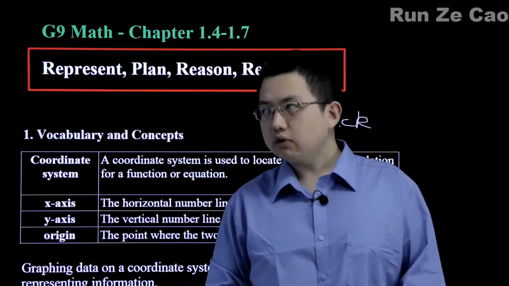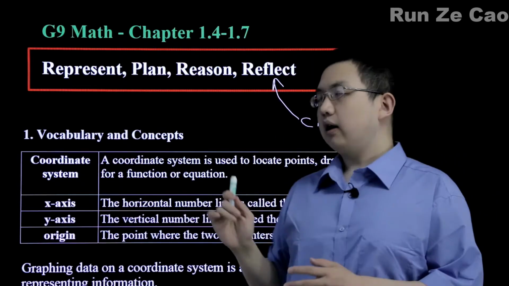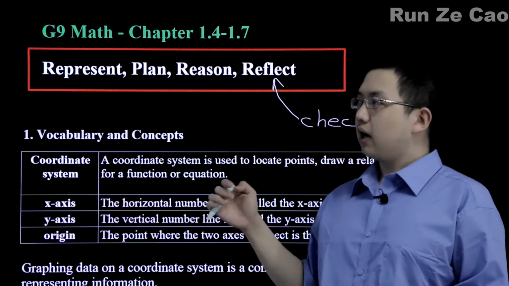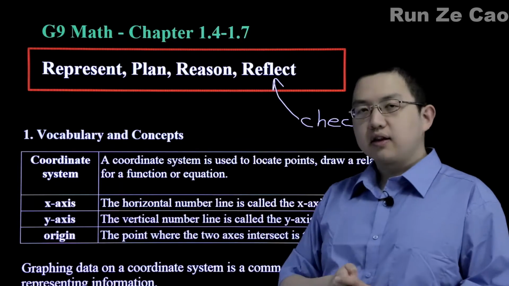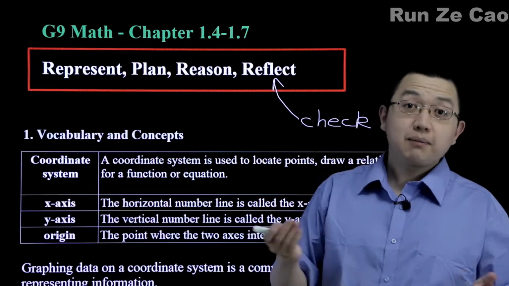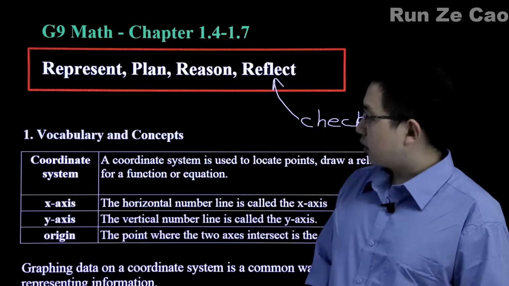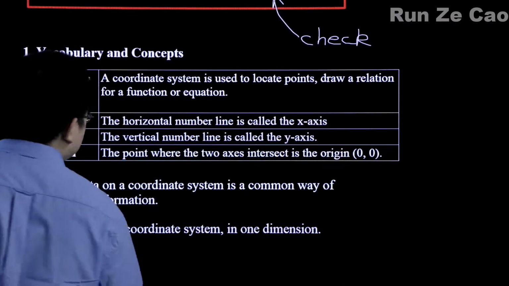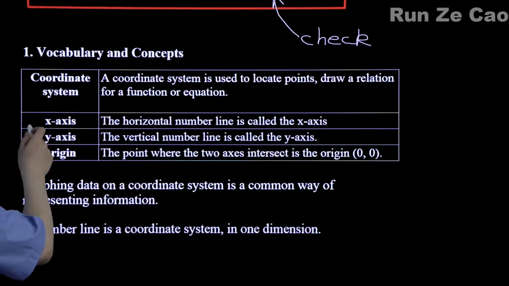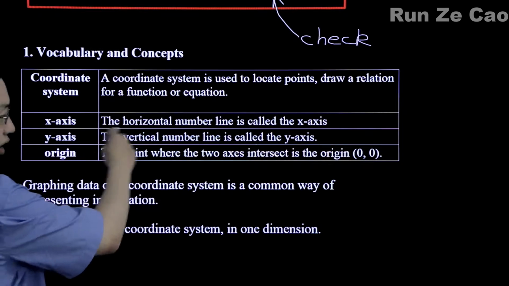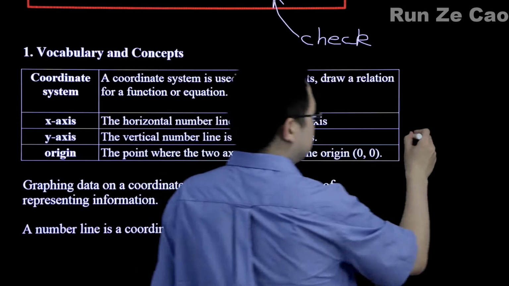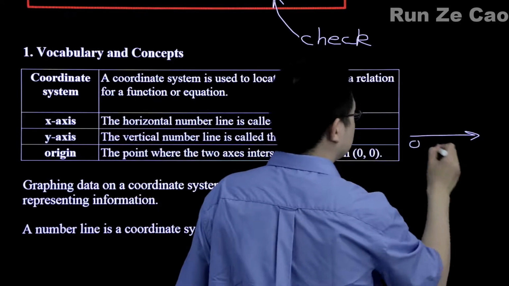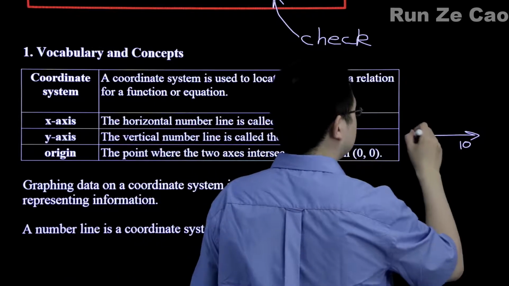Now, when you're representing things, well, often you will find that problems use a coordinate system, especially in, say, data management, or when you're looking for trends in general. Now, a coordinate system is what happens when you have an x-axis, a horizontal number line. So say from 0 to 10 or something.